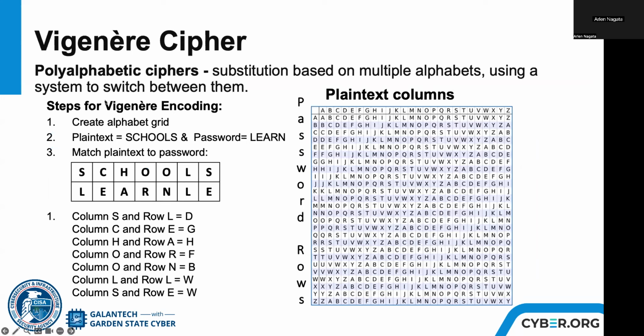So your key tells you how many times to shift each letter. Okay, so if the key was schools, then you're going to shift a certain number of times to encrypt each letter.